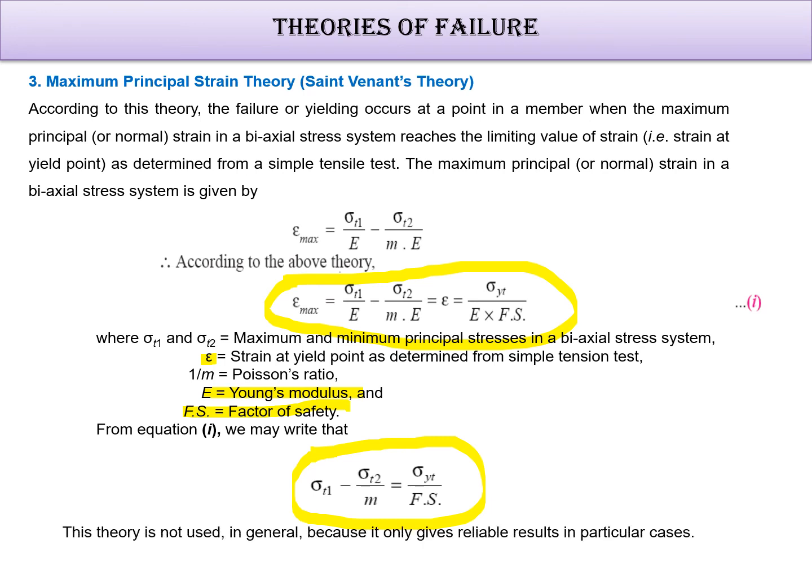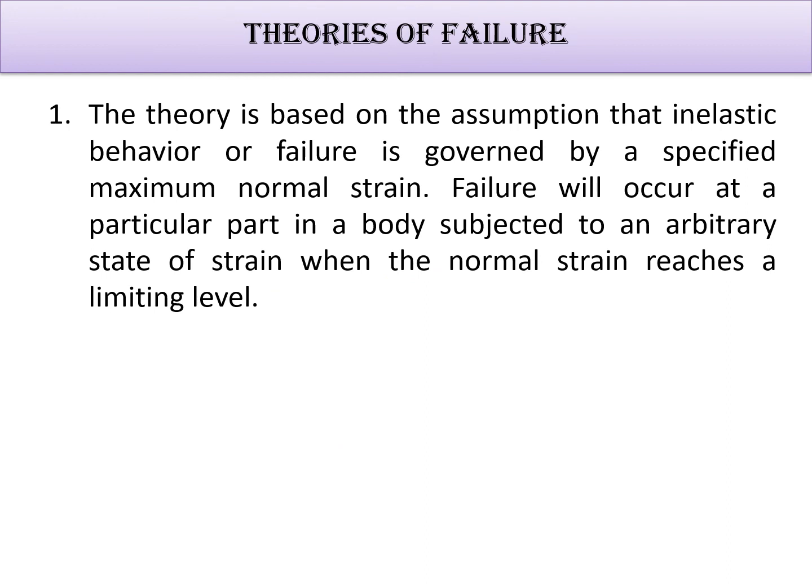Now just see something about this theory. It is not used much because it has some limitations. This theory is totally based on the assumption that inelastic behavior or failure is governed by a specific normal strain, and failure will occur at a particular part in a body only. So only straining is considered here, not anything else.